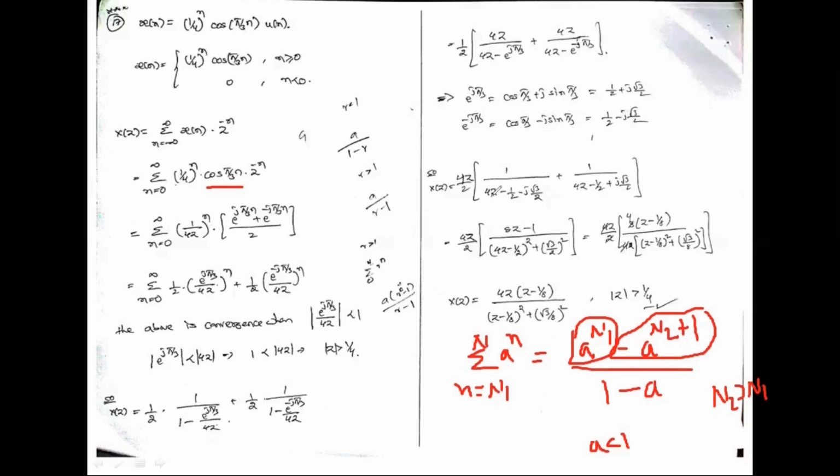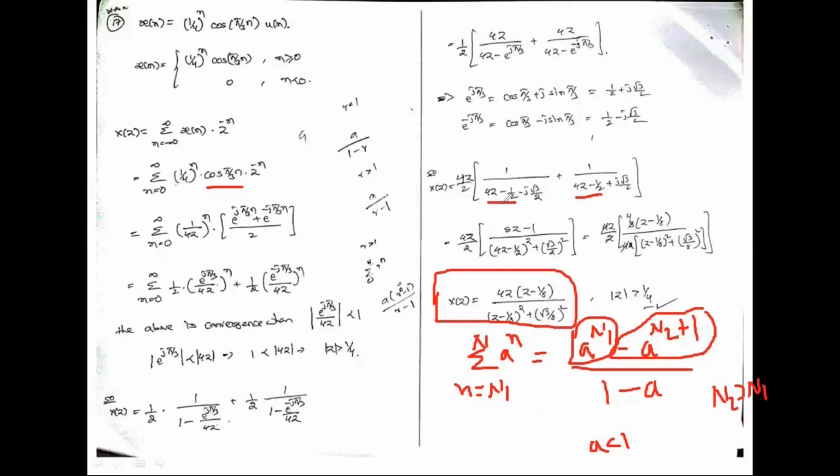Substitute this value: 4z minus (1 by 2 minus j root 3 by 2), and 1 by 4z minus (1 by 2 plus j root 3 by 2). Simplify. The total function will go like this: X of z is equal to, after simplifying, taking this as the real term, 4z minus 1 by 2. 4z minus 1 by 2 is a real term.